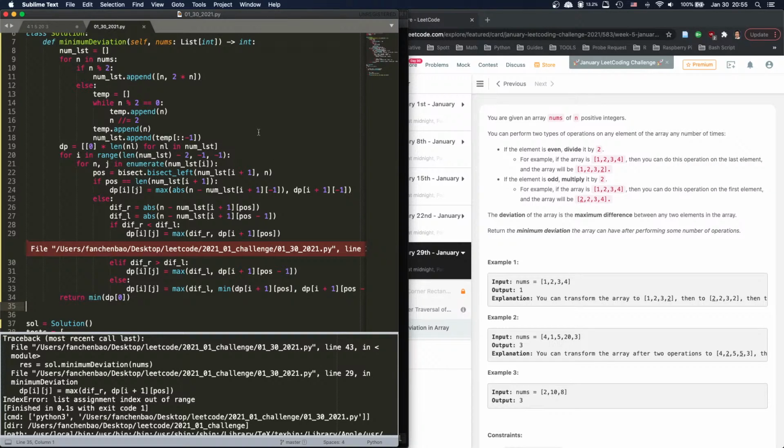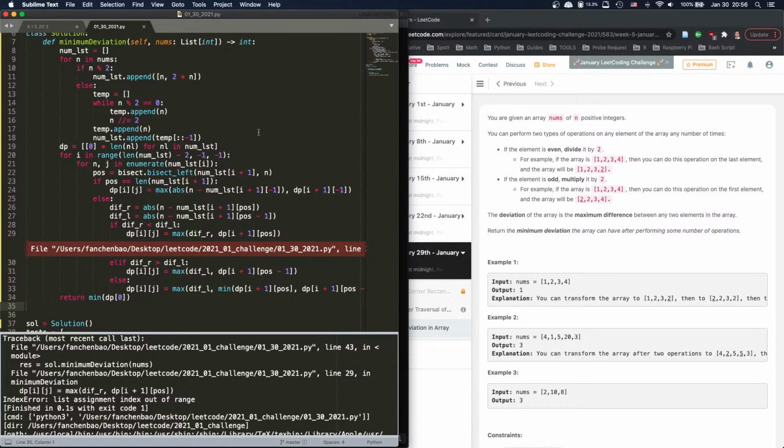The position is at the front, so the position is at 0 or -1. Ideally the difference will be bigger than this. So this right is smaller than this left. So we say dp[i][j] equals the max of this right and dp[i+1][position].